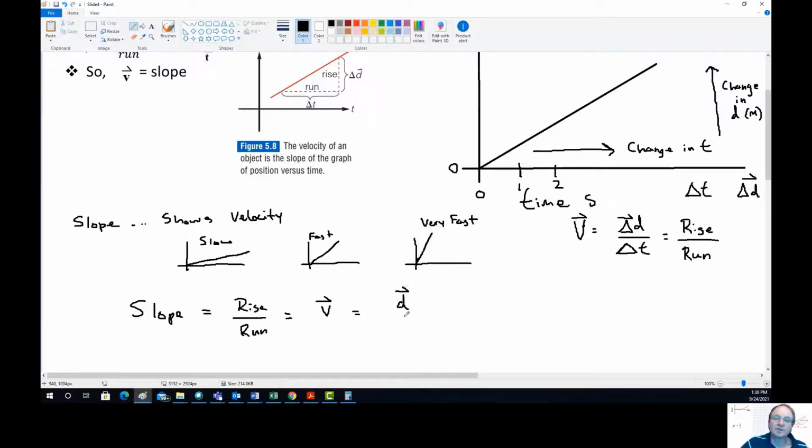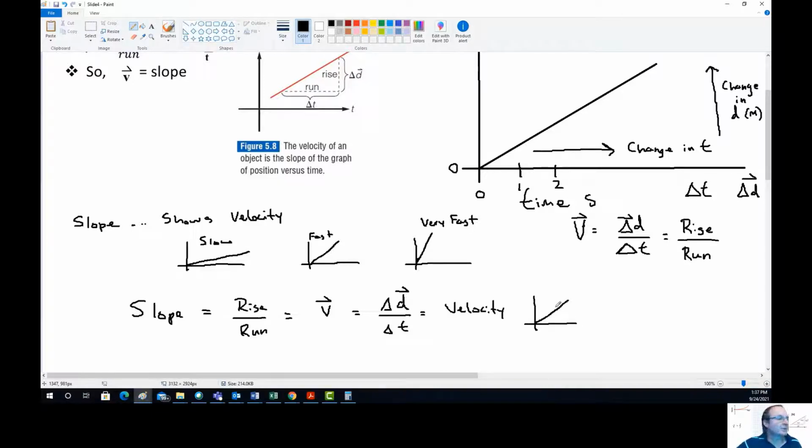So magnitude and direction, change in displacement, change in distance, you can consider it, and change in time. Okay, cool. And it's going to get you your velocity. And whatever that number is, it'll be nice and straight, right?